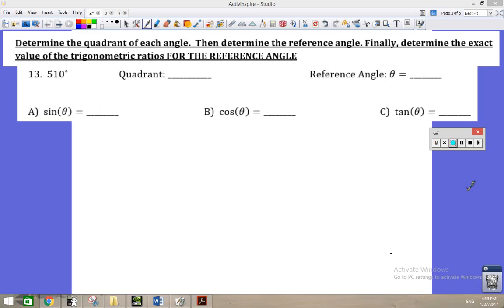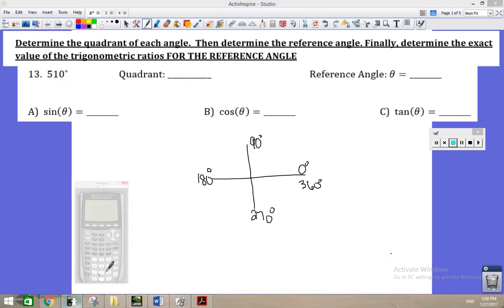They're giving us an angle measure of 510 degrees and asking us what quadrant it lies in. Well, I'm in degree measure. I know the boundaries for my quadrants are 0 degrees, 90 degrees, 180 degrees, 270 degrees, and 360. So I know that this 510 is completing more than one revolution.